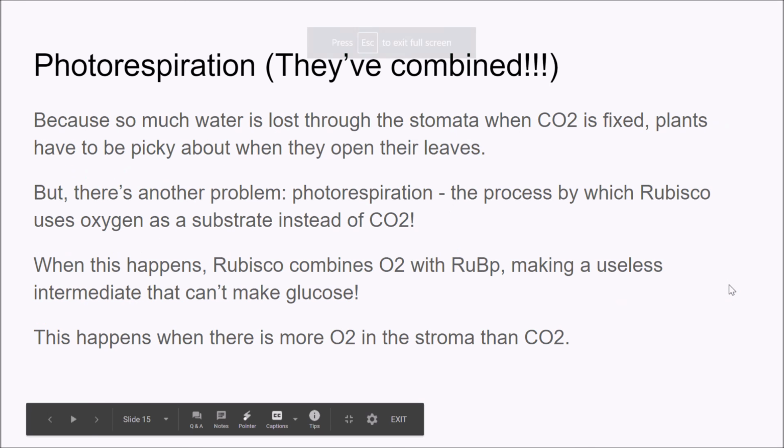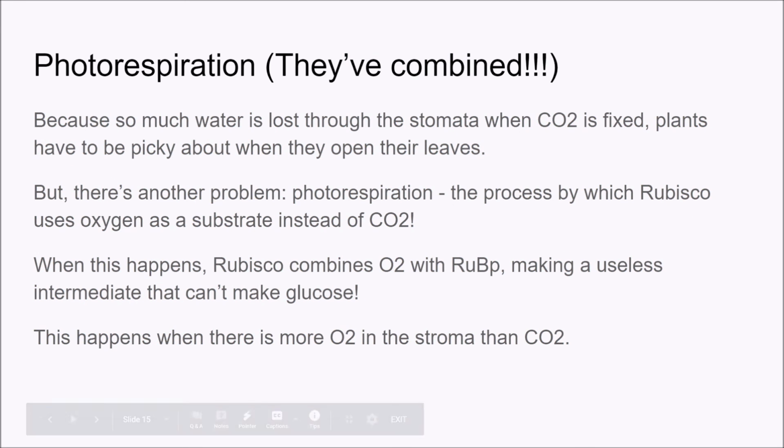But for now, there is another problem. So besides the water loss, and you guys will look into that more in the research, as the plant opens its stomata in order to take in CO2 or not, it runs into the problem of photorespiration. And you're like, oh my God, is that photosynthesis and respiration combined? Not exactly.